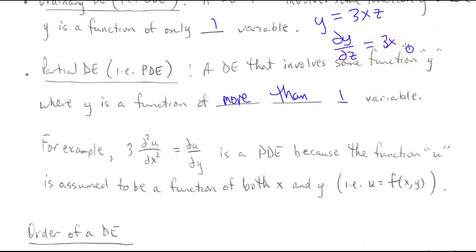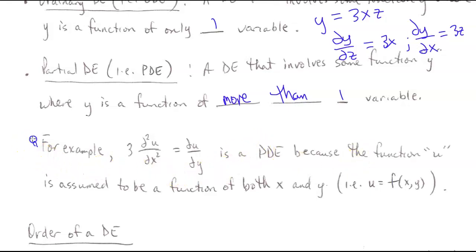Now, if I wanted to take the derivative of y with respect to x, then in this case z would be a constant. So 3 and z are constants, and of course the derivative of x with respect to x is just 1. So that's what that would be. When we talk about partial derivatives, that's what we mean.